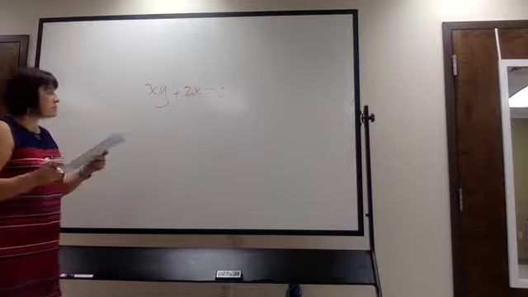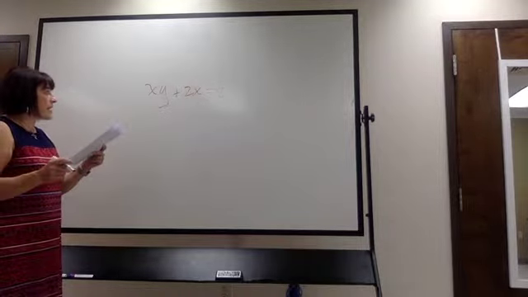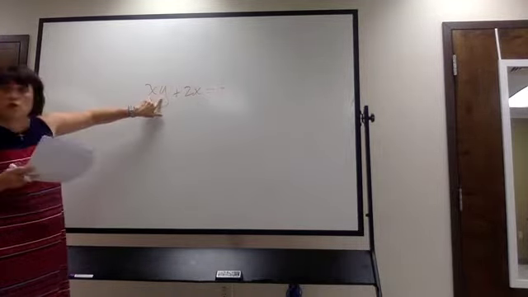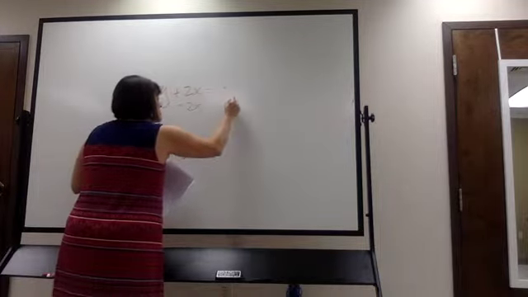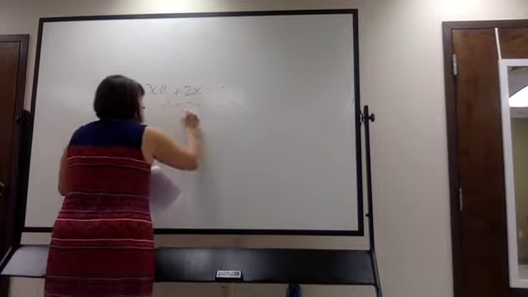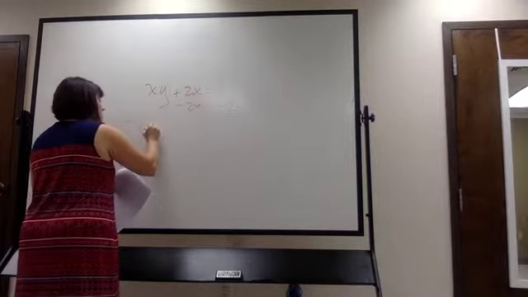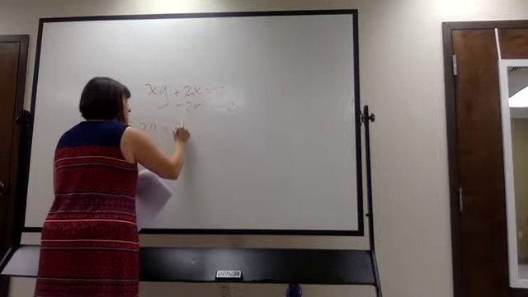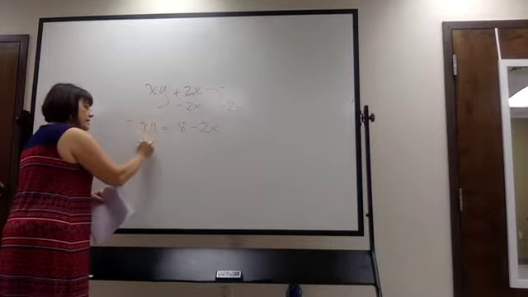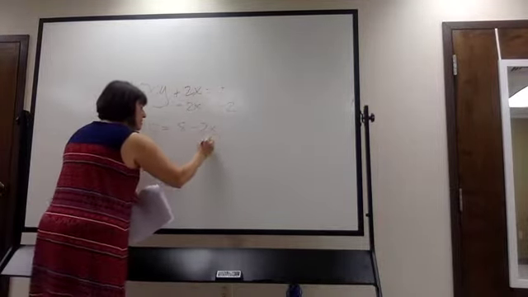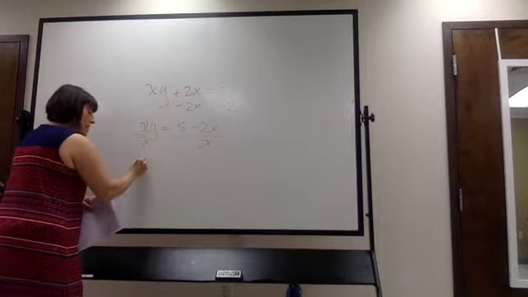No, that's a different thing. I want to isolate the term that has the y in it first. So it's minus 2x, minus 2x. Now I got xy equals 8 minus 2x. And now I'm going to divide everything by x. So that goes out, I get y.